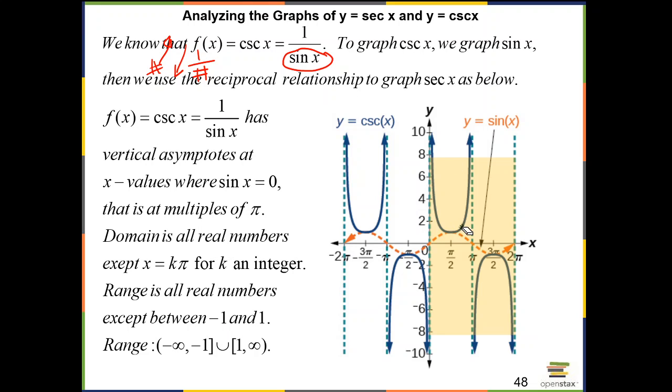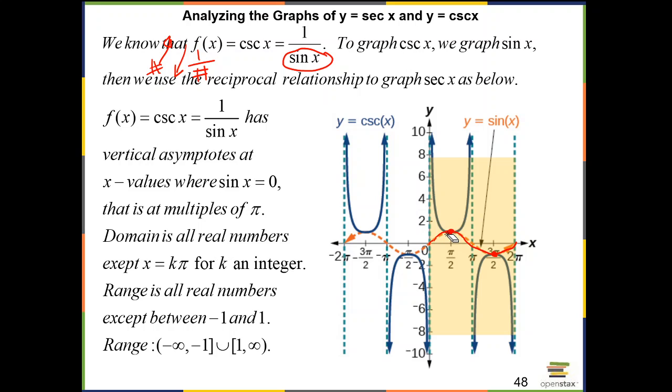So as you see over here in this rectangle, we're going to limit ourselves to one cycle of sine, which is right here. At this point where sine is 1 or negative 1, the reciprocal would be the same, right?